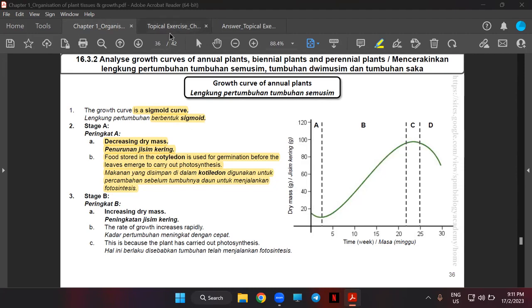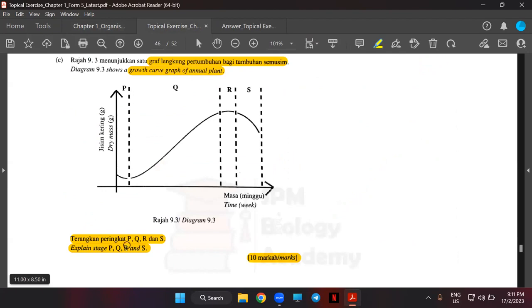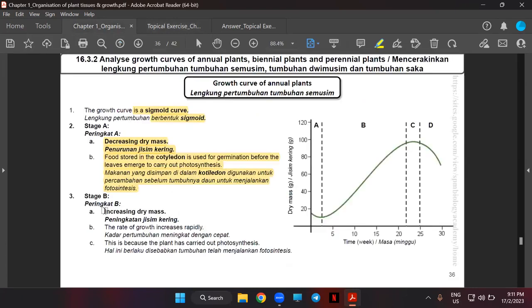So untuk stage P, you already get 1, 2, 3 marks already for stage P. Okay. Kemudian kamu tulis peringkat Q, stage Q, underline. Then you write this. Increasing dry mass, peningkatan jisim kering. 1 mark already.